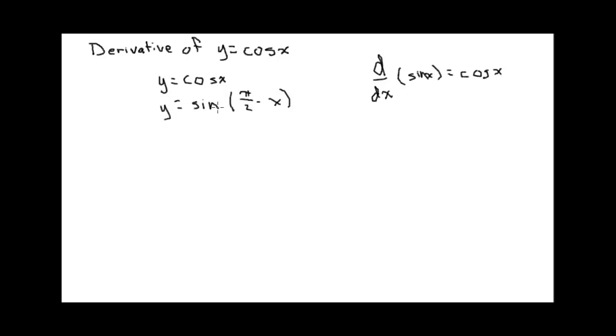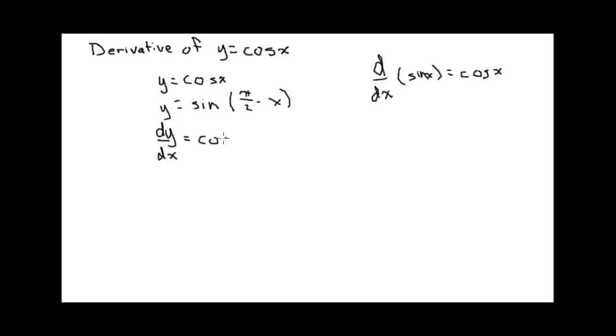So why did we do that? Well, we did that so we can use this rule over here. So what we're going to do is take the derivative of sine of pi by 2 minus x. Notice we have a chain rule, right? Outside function, sine x, inside function, pi by 2 minus x. So what's the derivative of the outside function?